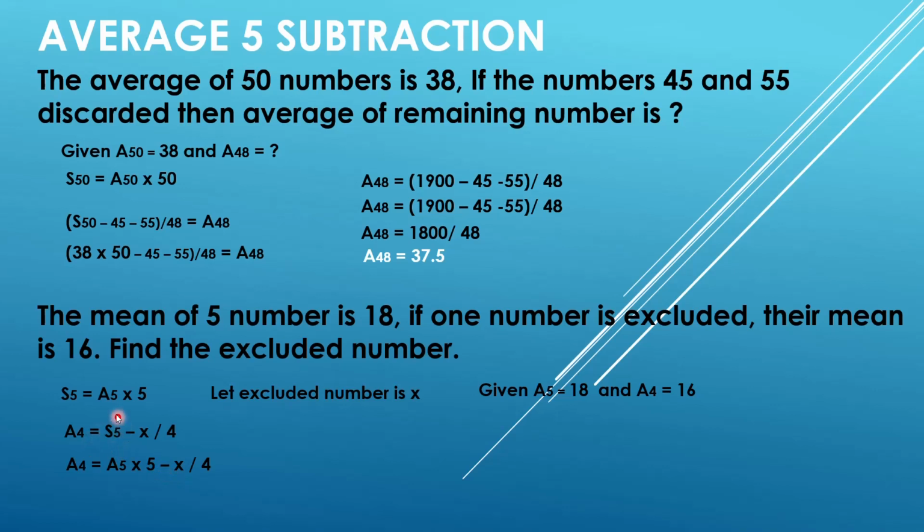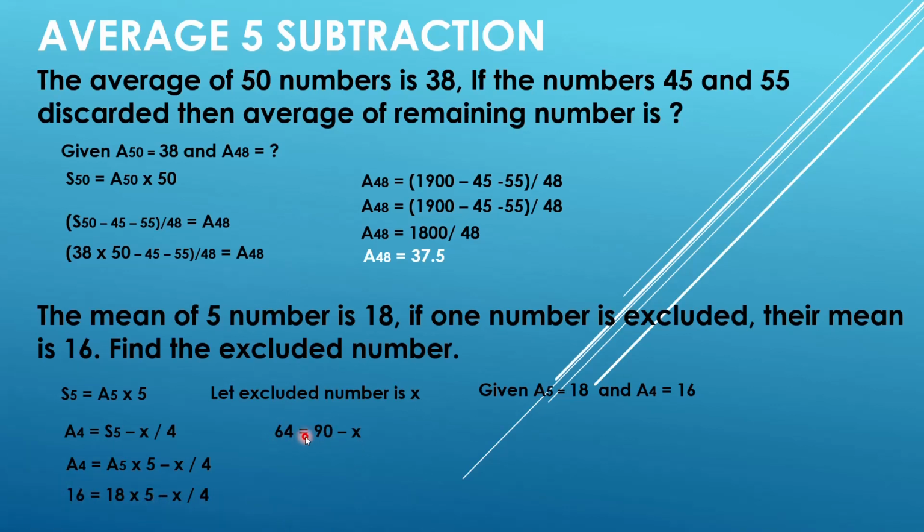So the sum of 5 is A5 into 5, right? So we have taken those values. Now A5 we know, A4 we know, what they have given here. We have only this X, then X we can determine, right? So 4 we can multiply here, 4 times 16 is 64, and 18 into 5 is 90.